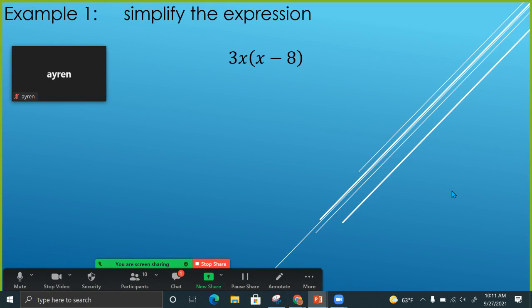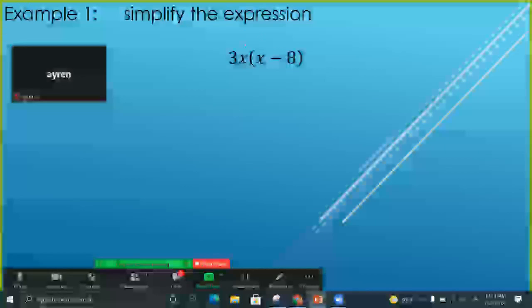Here we go. So here's an example of multiplying 3x times quantity, parentheses, x minus 8. So we've got to distribute our 3x to everything on the inside. When I say everything, I mean any term. So the x is a single term, and then the negative 8 is a single term.